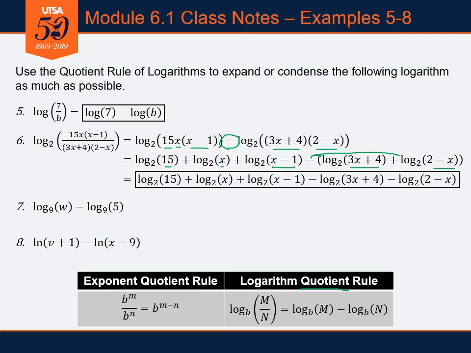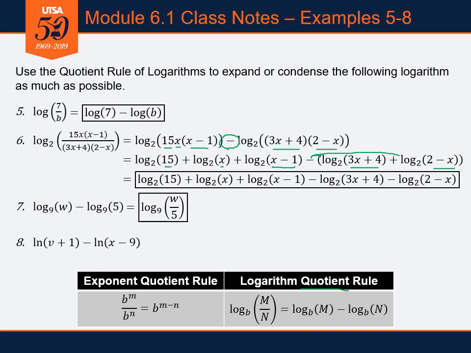Now in questions 7 and 8, we go the other way. We take a difference of two logarithms and recombine them, condense them into a single logarithm. In number 7, log base 9 of w minus log base 9 of 5 can be combined into a single logarithm. That difference turns into a single logarithm of a quotient, w divided by 5.